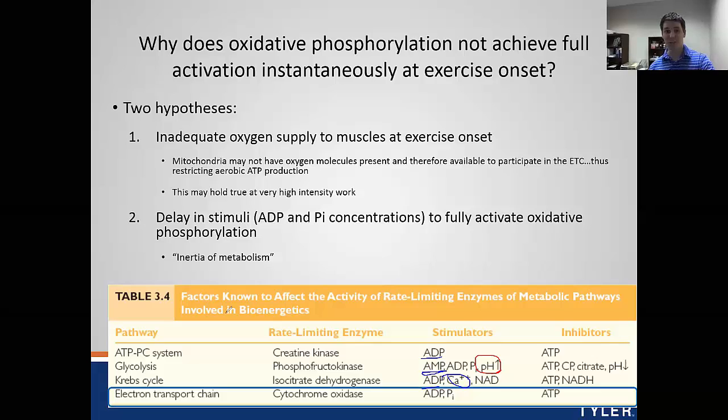Right. So then, what are some inhibitors? What kind of molecules do you think would say, okay, slow down, slow down? One would, of course, be the obvious: if we have lots and lots of ATP, we don't need these systems running at full force, right? So that's one. A decrease in pH. If we have an excess of NADH, you remember that this will essentially stop the Krebs cycle.